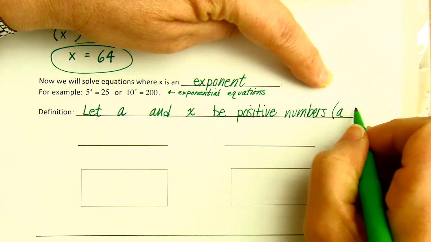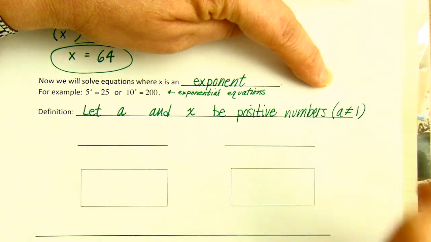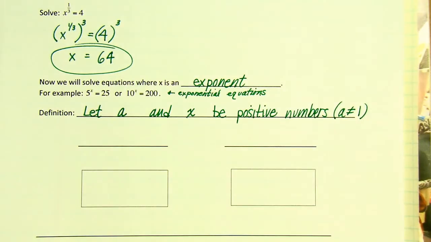And A is not allowed to equal 1, okay? If we have a base of 1 raised to any power, it's still going to equal 1. So we can't have A being 1. All right, so let A and x be positive real numbers, and A can't be 1.